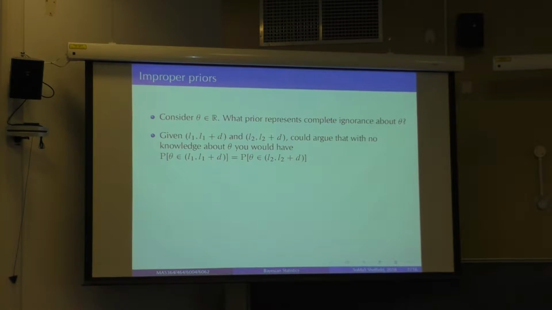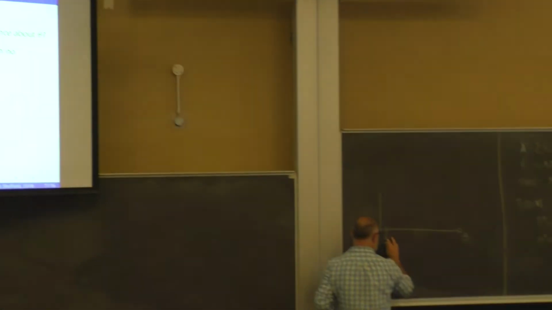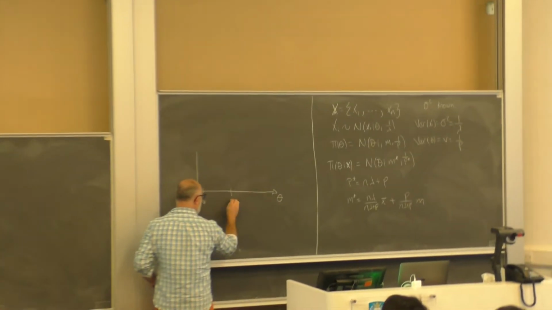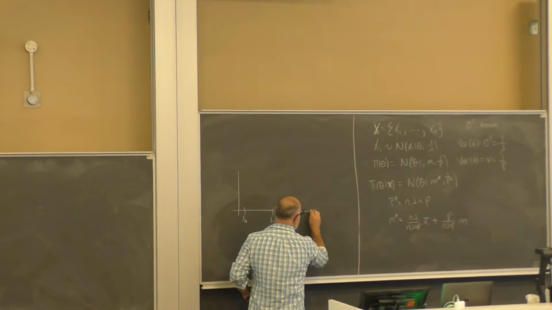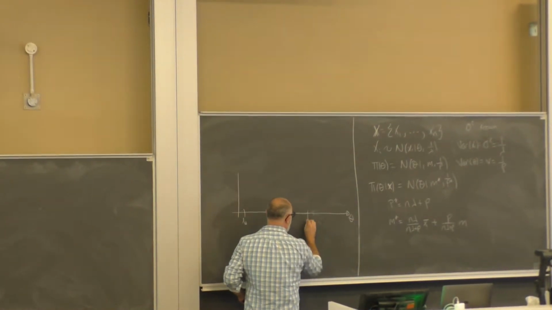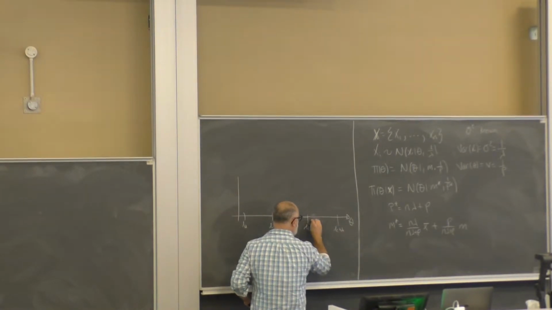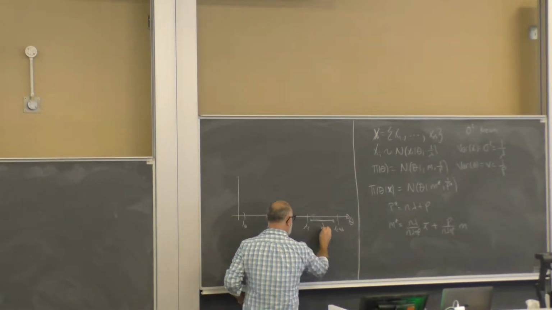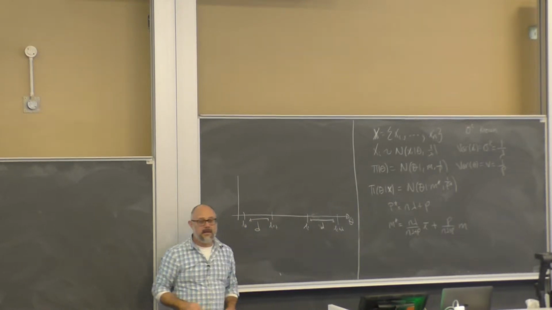So if this is theta, and this is L1 and L1 plus D, and then you have L2 and L2 plus D, this distance is the same.